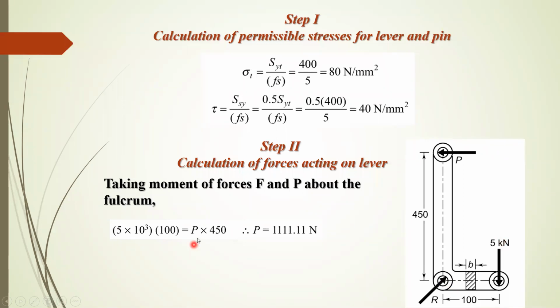So P into 450 is equal to 5 kilonewton, that is 5 into 10 raised to 3, multiplied by the shorter arm distance of 100. This is just a moment equation. Solving it, we get the value of P, the effort required, as 111.11 Newton.